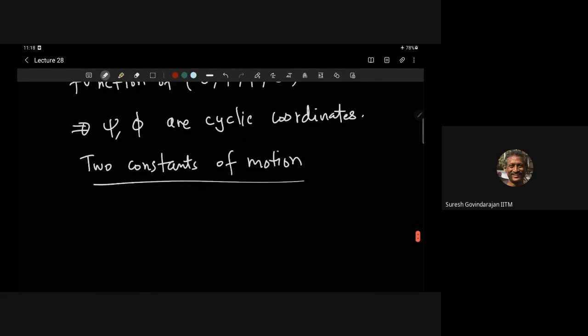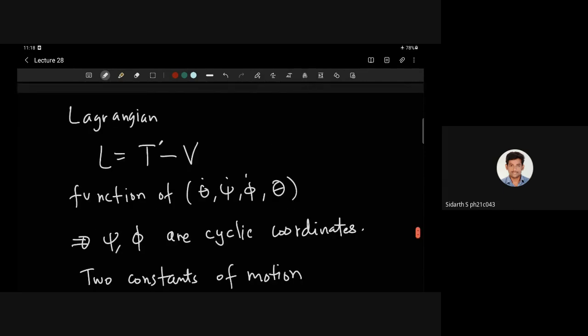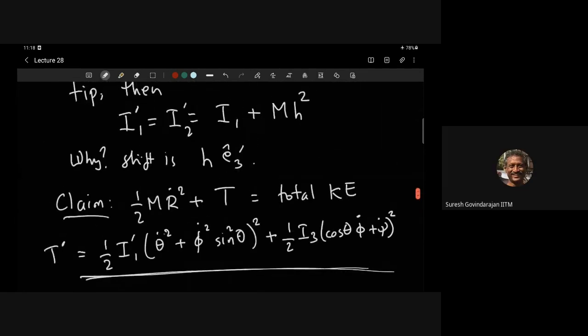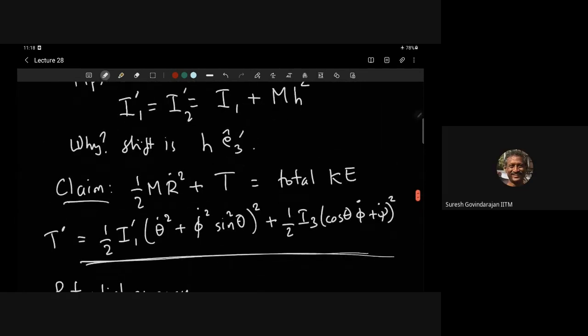The first one is P phi. Sir, what is the kinetic energy as differentiated from half m r dot squared? We have to put r dot squared also, right, because it's moving. So I'm claiming that this plus T, which was just the rotational part, is nothing but T prime in this form.